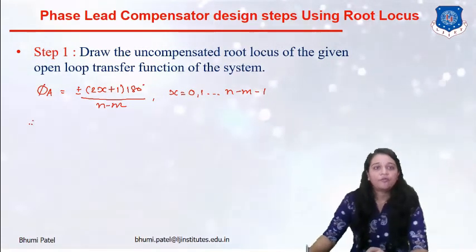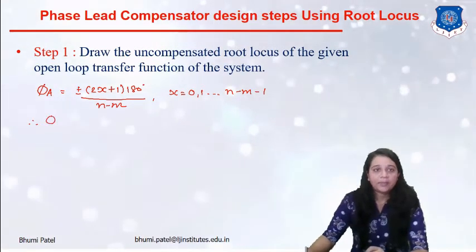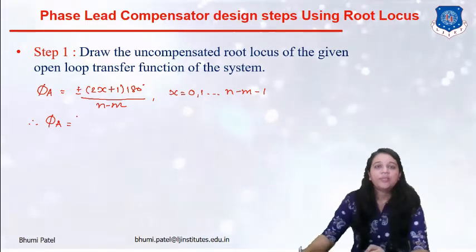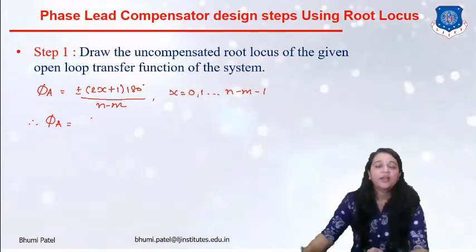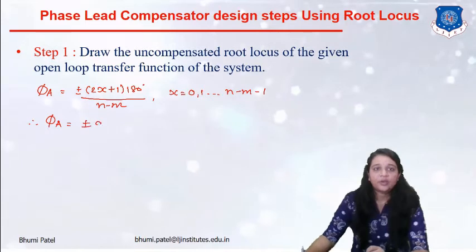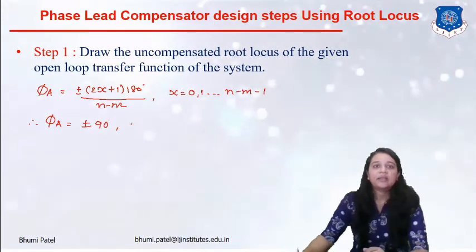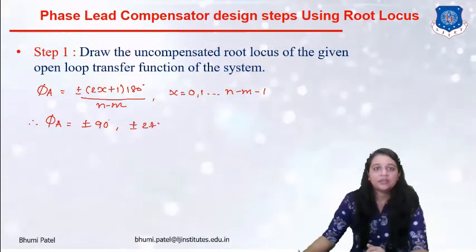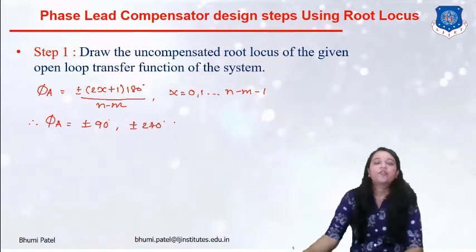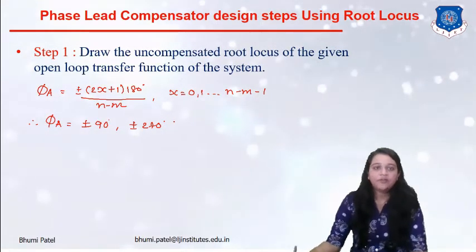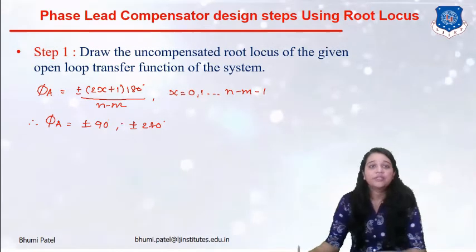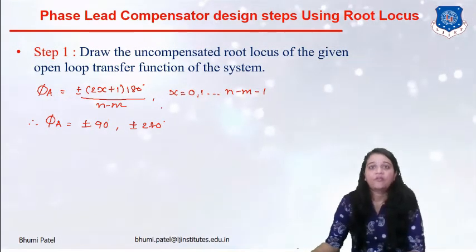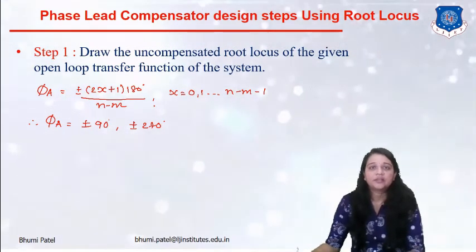Putting the values x = 0 and 1, we get the angles of asymptote as plus or minus 90 degrees and plus or minus 270 degrees for this particular transfer function.